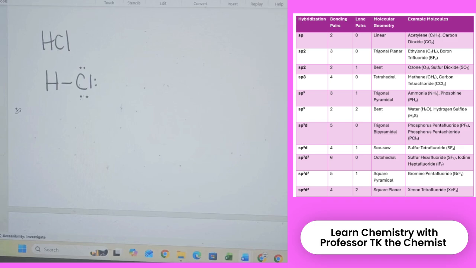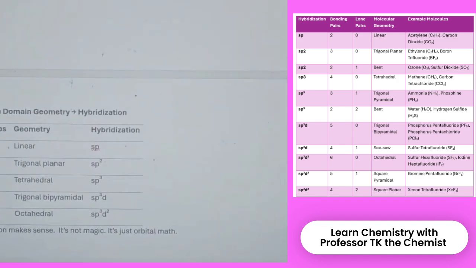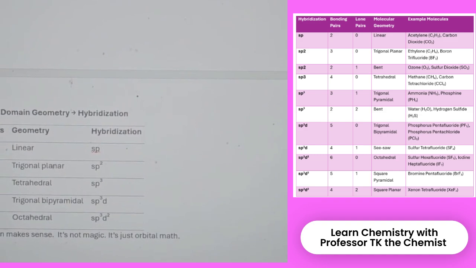Right here, you will notice that it's just 2 elements, right? The easiest thing I can tell you is that when you have 2 elements, it's going to be a linear shape. Now, when we go back here and look at our chart to determine the hybridization, for a linear shape, it tells you it is sp hybridization, okay?